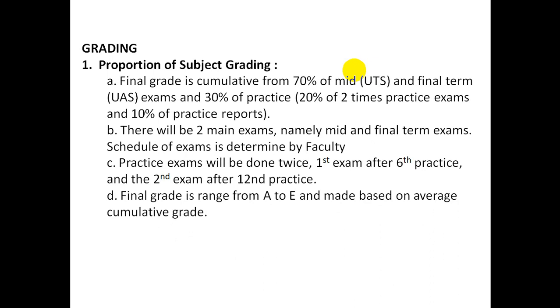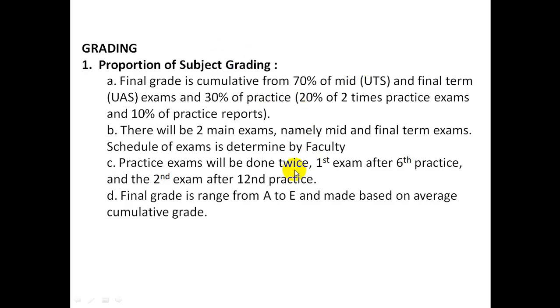The final grade is the cumulative points obtained from 70% of marks in the mid and final term exams, and then 30% from practice. From that 30% of practice, 20% is from practice exams and 10% from the practice reports.